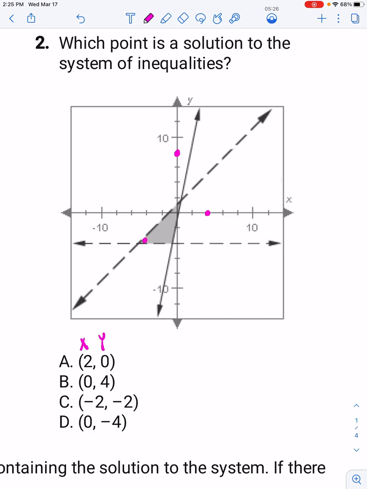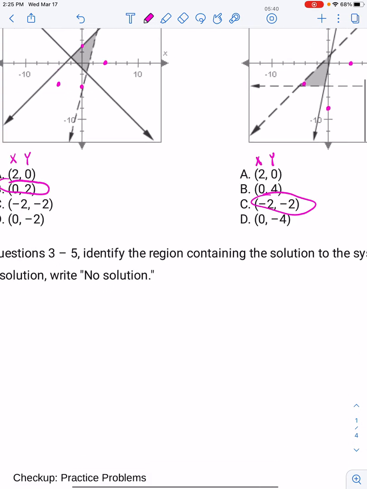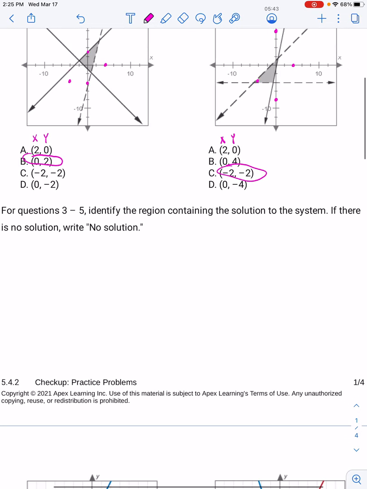And then we have 0, negative 4, which would be here. So the solution would be our negative 2, negative 2, because that one is in the very teeny tiny shaded area of the gray.